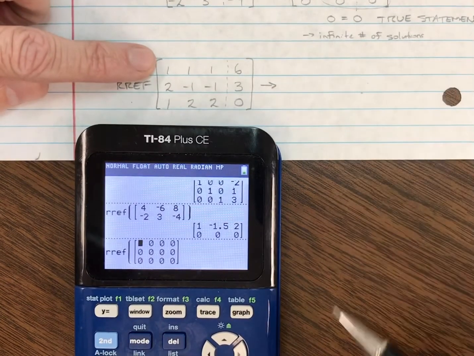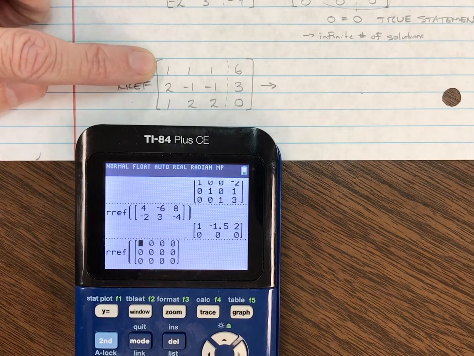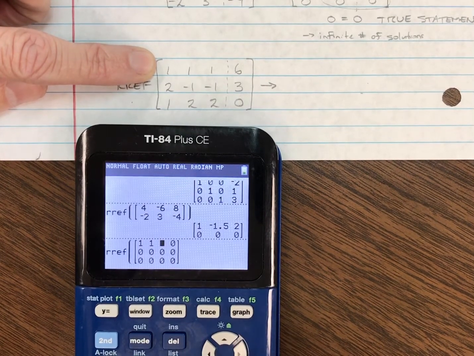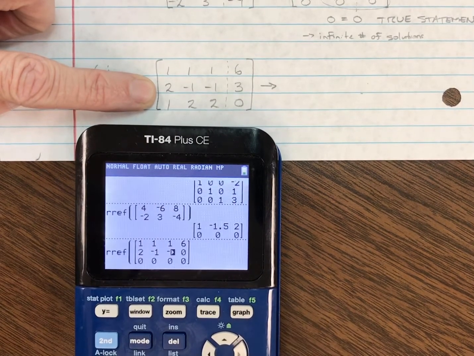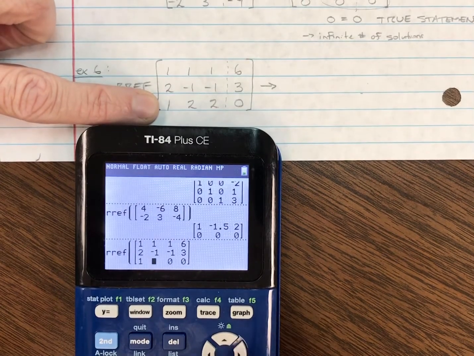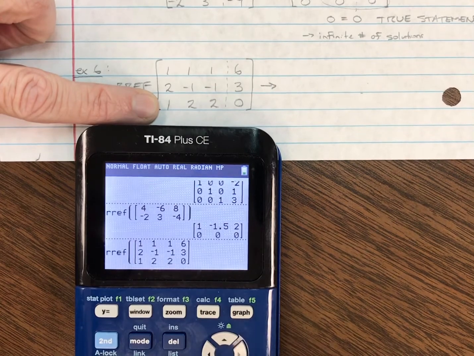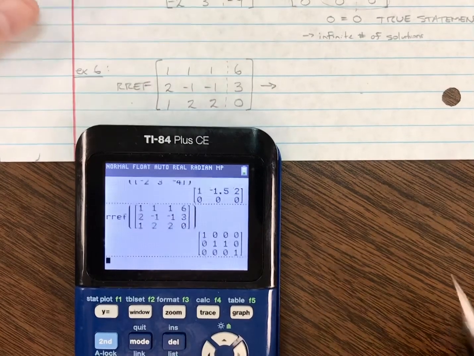Let's fill it in. Equation 1 is 1, 1, 1, 6. Equation 2 is 2, -1, -1, 3. Equation 3 is 1, 2, 2, and 0. Close it up and press Enter.